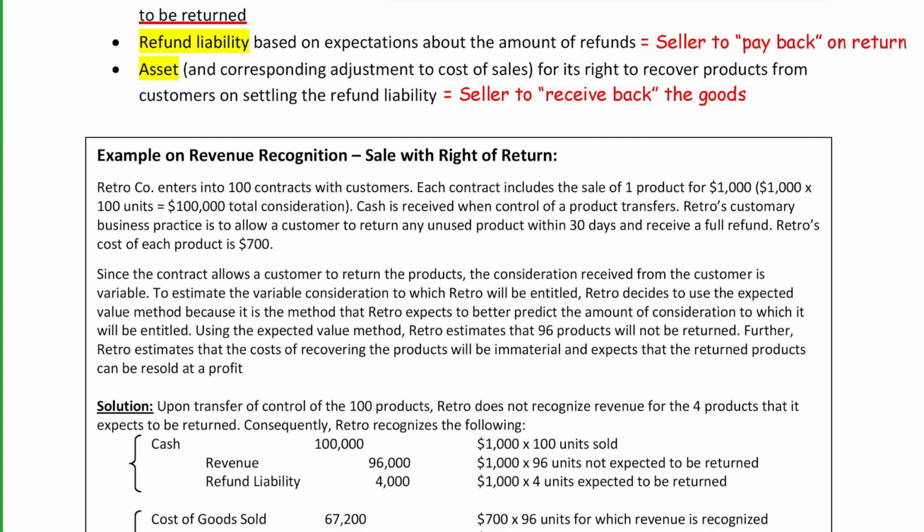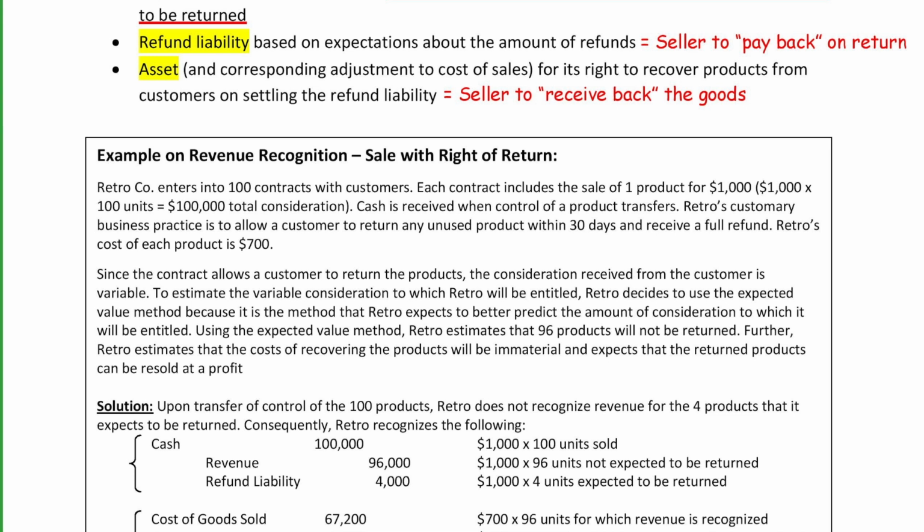Let's look at the example that we have here. Retro company enters into 100 contracts with customers, where each contract includes the sale of one product for $1,000. So the total consideration is $1,000 times 100 units, that's $100,000.